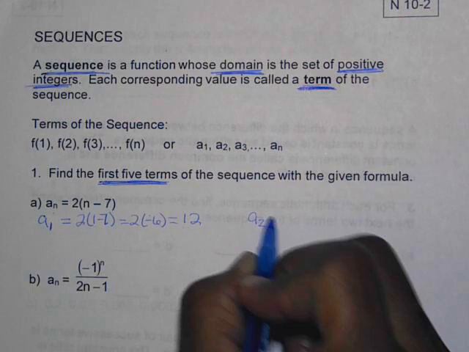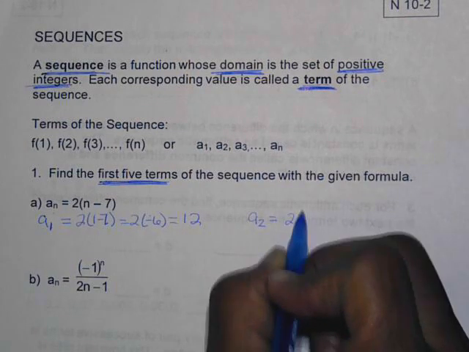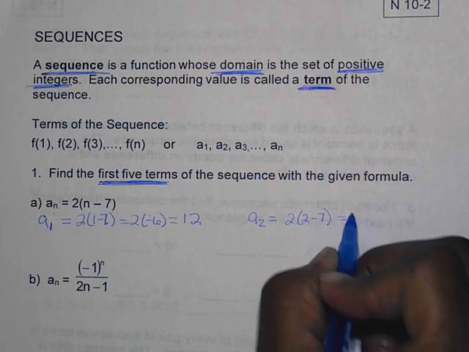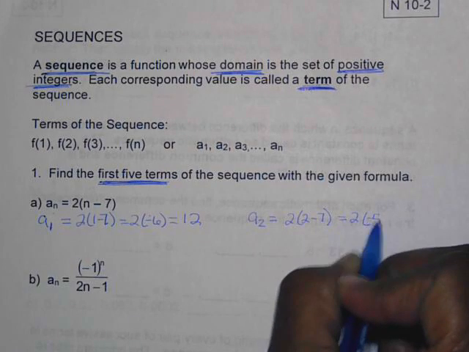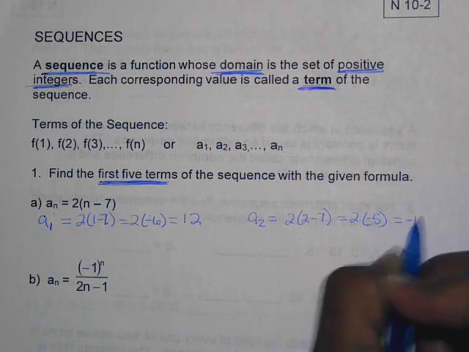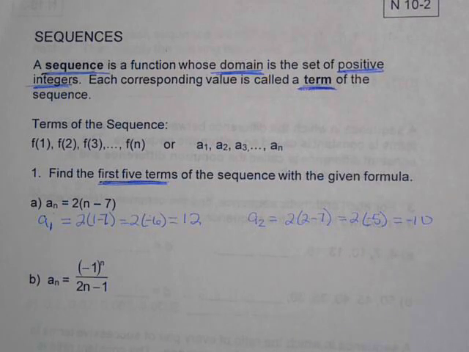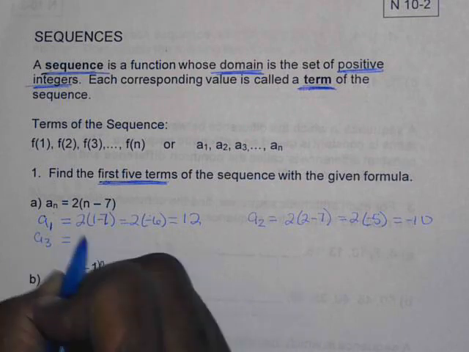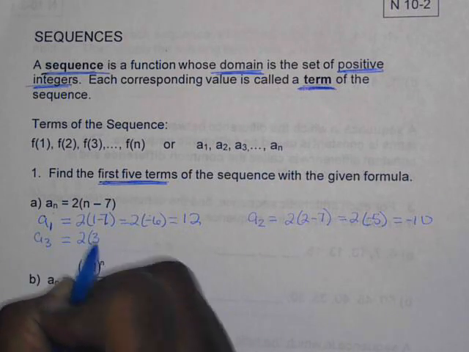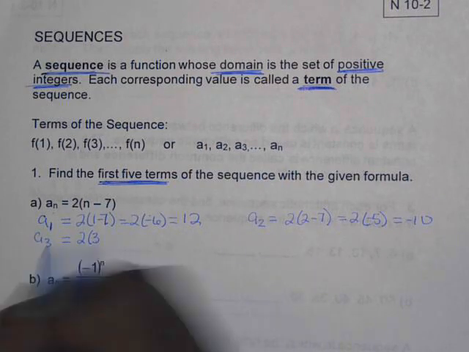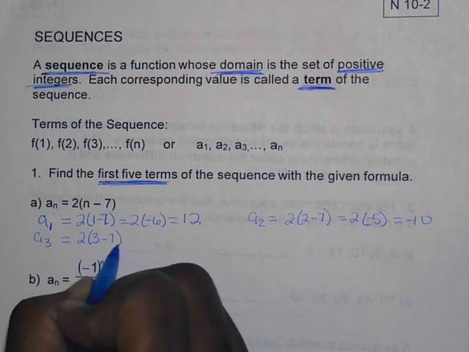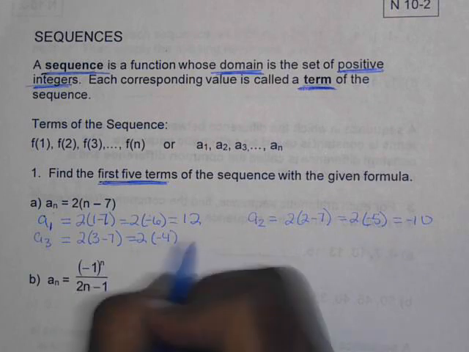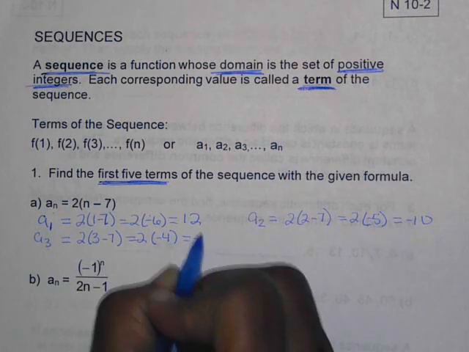A sub 2, 2 times 2 minus 7 equals 2 times negative 5 equals negative 10. A sub 3, 2 times 3, notice those match, minus 7 equals 2 times negative 4, which is negative 8.